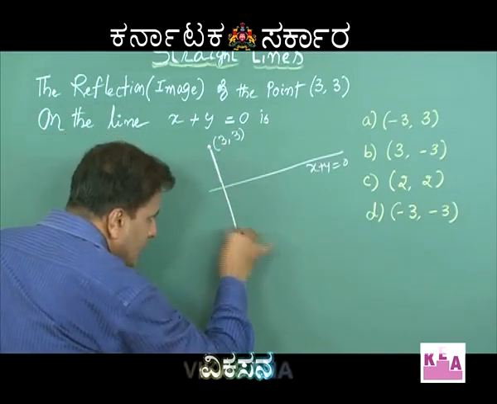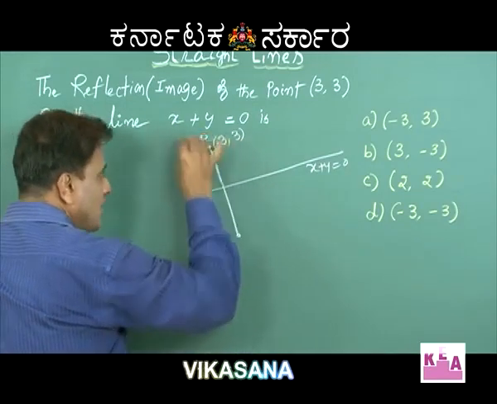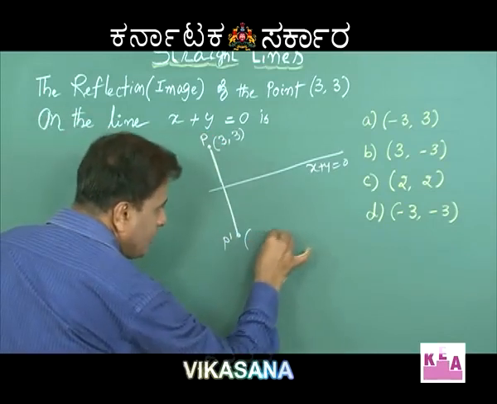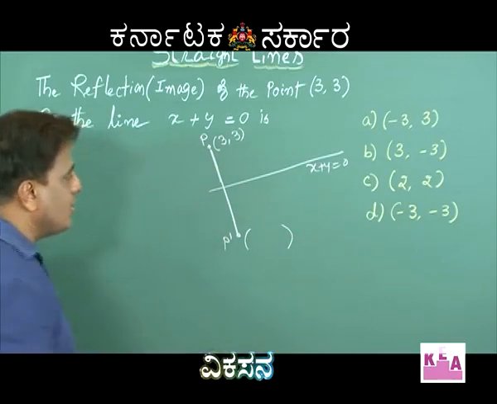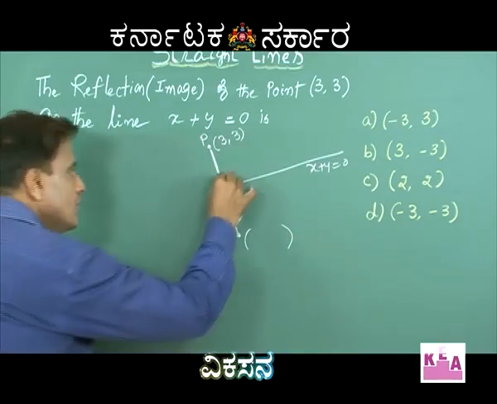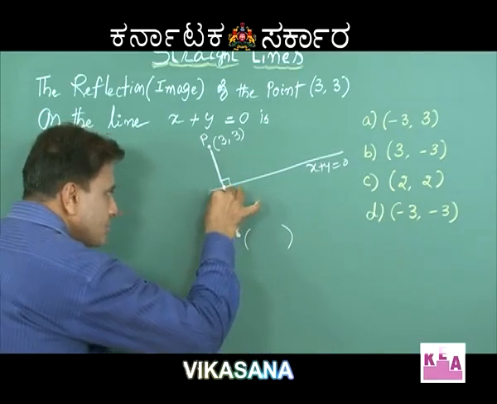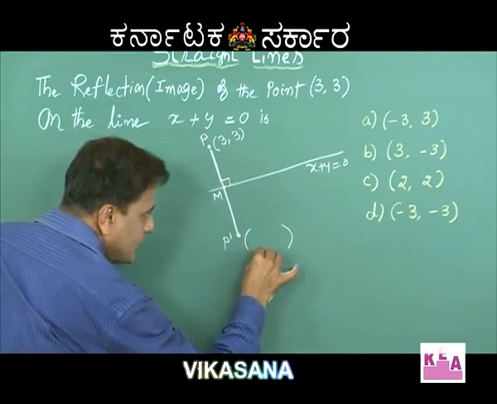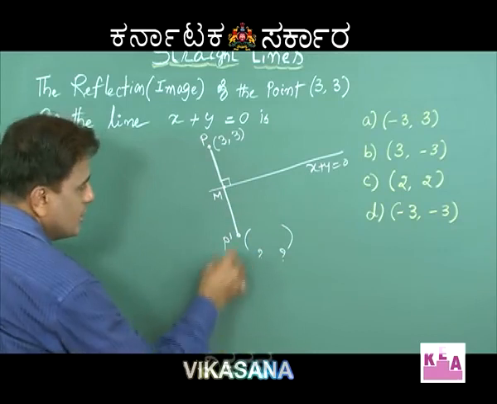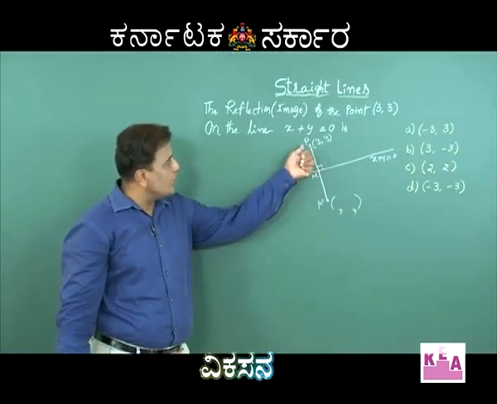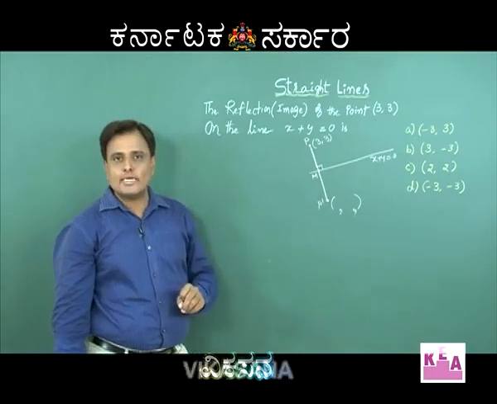Take this point as P, and this will be the image of the point P. Here you take the point of intersection as M, and we have to find the coordinates of P dash. Here P dash is the image of the point P in the line x plus y is equal to 0.